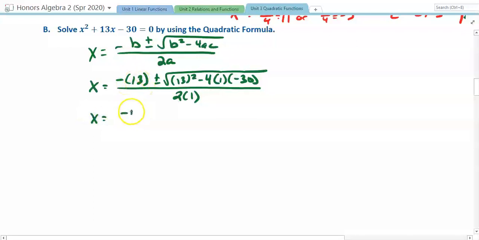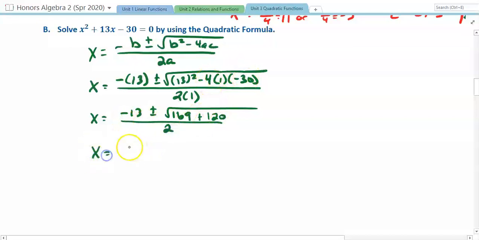And so the opposite of 13 is negative 13, plus or minus 169, which is 13 squared. And we're going to get negative times negative is a positive, and 4 times 30 is 120, all over 2. And so we're going to get that x is equal to negative 13 plus or minus the square root of 289 all over 2.